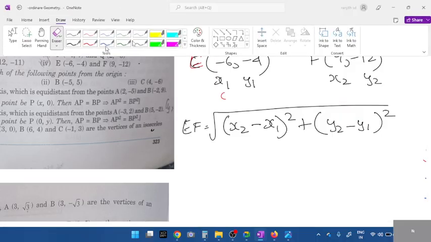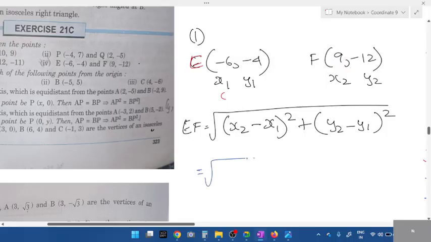Okay, substitute. What's the value? 9 minus, what is x1? Minus 6, right? Okay, let me write it directly. Don't waste your time, students, writing multiple steps. What will be the answer? 9 minus, what is minus to minus? Whole square.